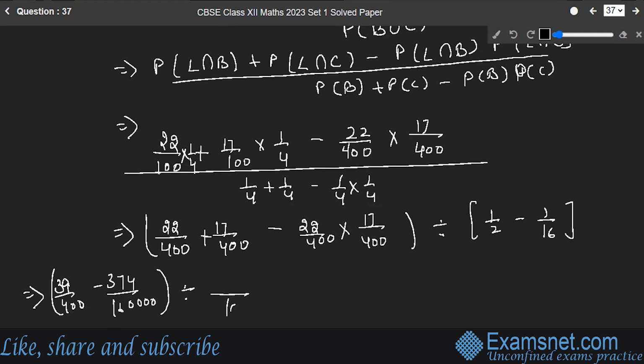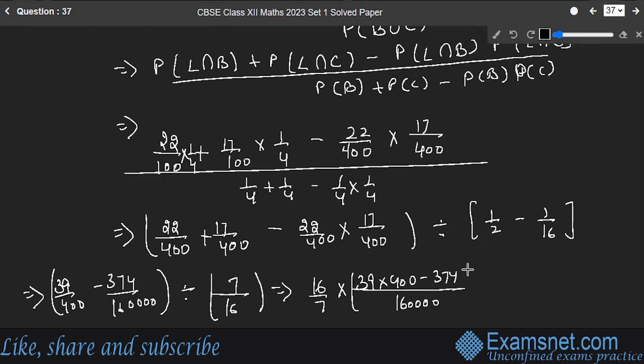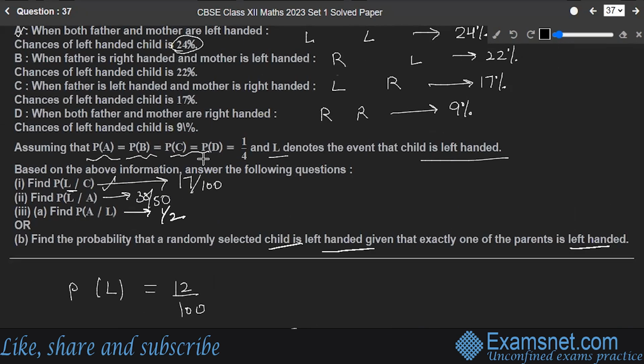This is going to give you 16 upon 7 multiplied by the numerator, which is 39 times 400 minus 374 divided by 160000, which is equal to 16 into 15226 divided by 7 into this. On solving, you will get the answer as 0.22. So that is it. You have this answer as 0.22.